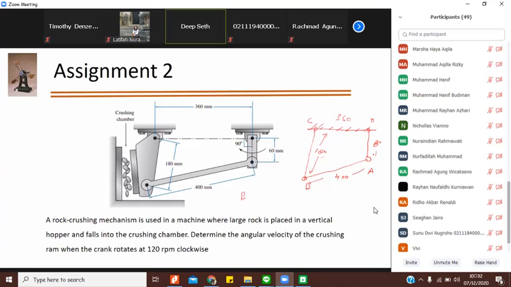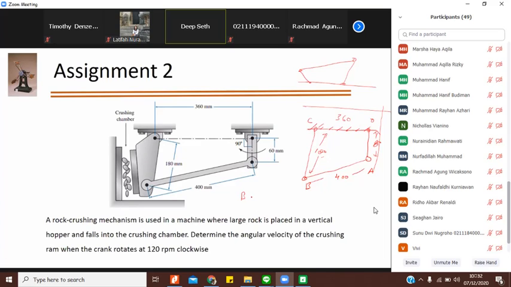You can do it mirror twice, once from this direction and once from this direction. You will actually get the 4-bar mechanism which we used before to study the mechanisms. Similarly you have to apply it here. So for B, what coordinates will you have, B with respect to O? That you have to write.